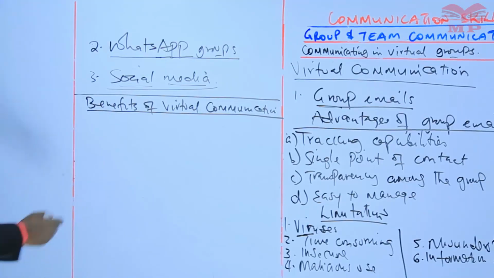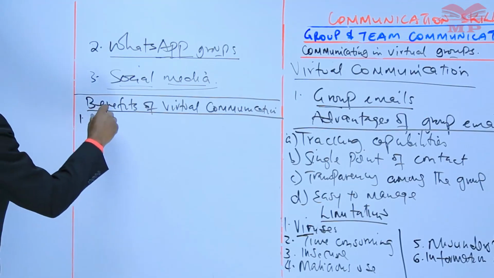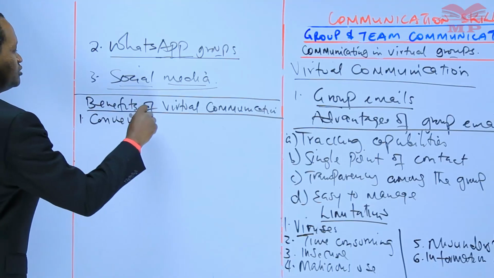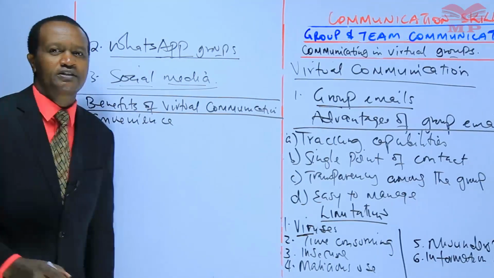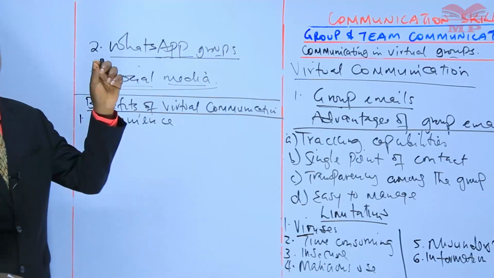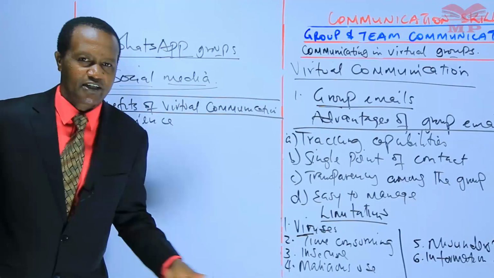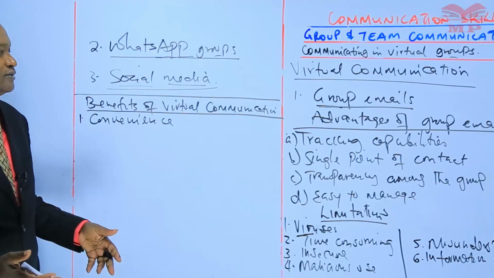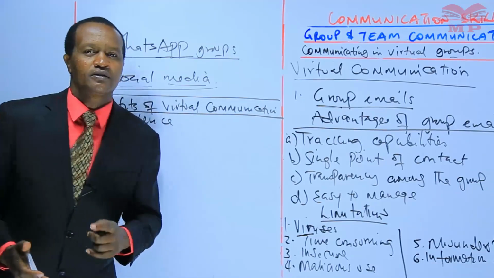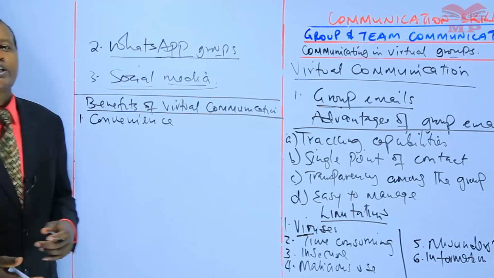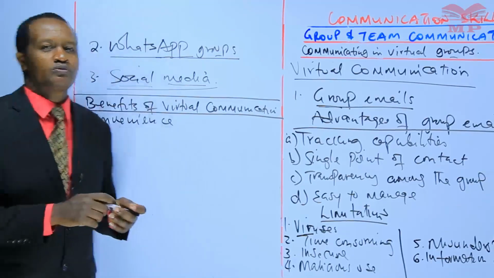The first benefit of virtual communication is that of convenience. People or employees can interact with each other from wherever they are, virtually. They do not have to meet in person.